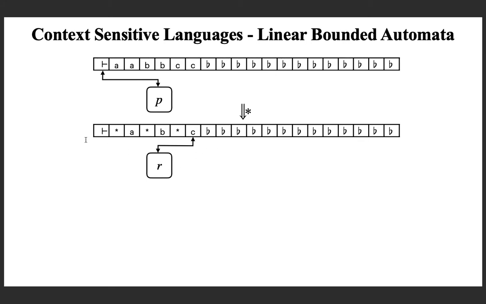You rewind to this. Unlike in the case of push down automata and finite state automata, here you can move to the right or left. After coming here you move all the way to the left.